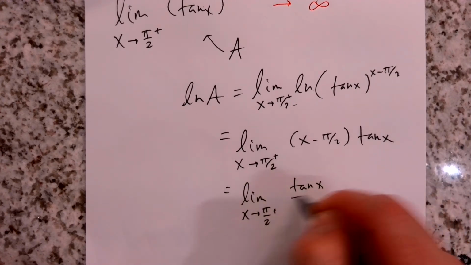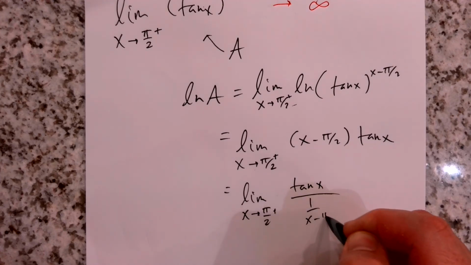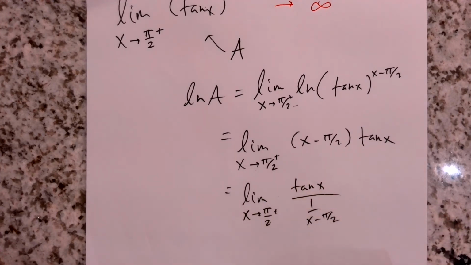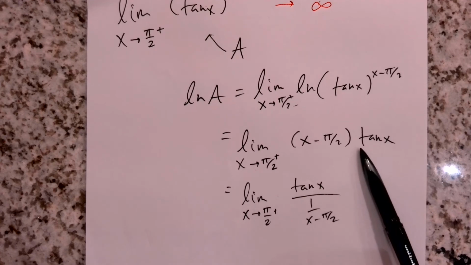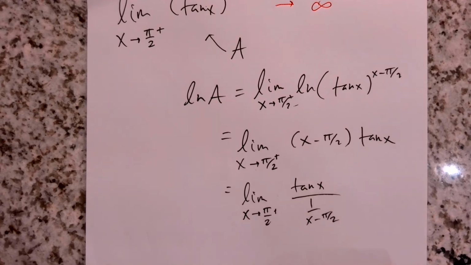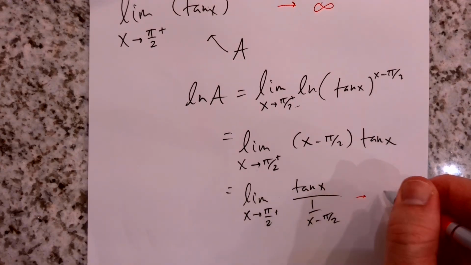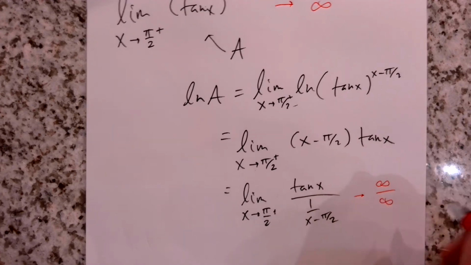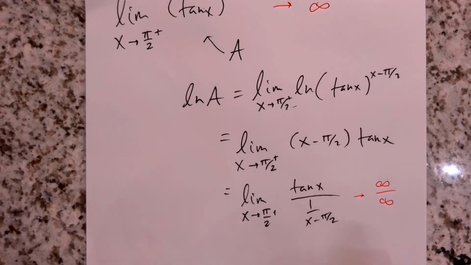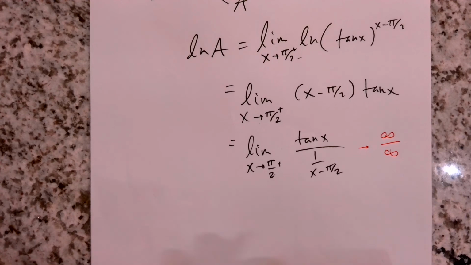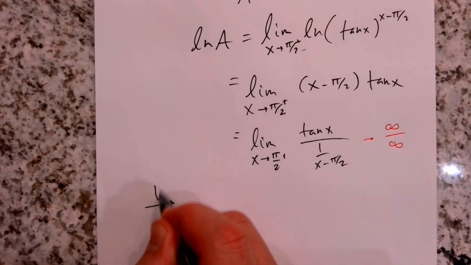where we divide by 1 over x minus pi over 2. Algebraically equivalent to the expression above, but now when we plug in pi over 2, it gives us infinity over infinity. Both positive infinities. So we use L'Hopital's rule.